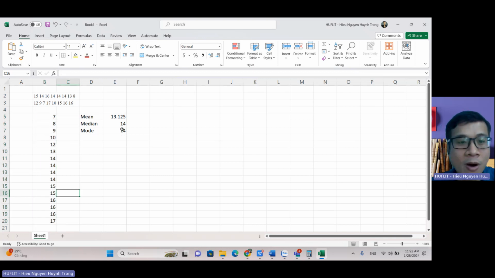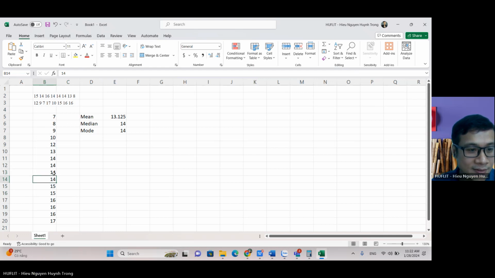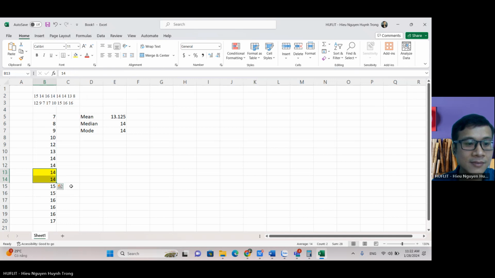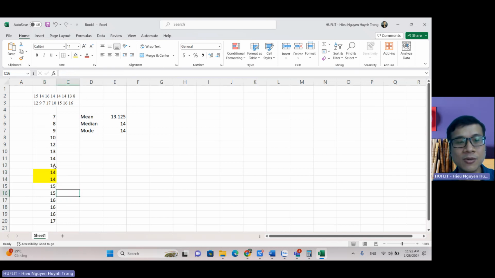That also explains why the median is 14. I guess the median will be at this level. At 14, we divide the data set into 2 equal parts, 50% above and 50% below.